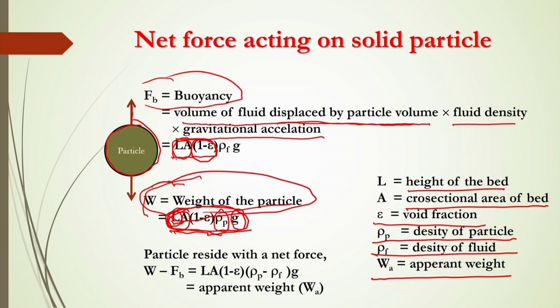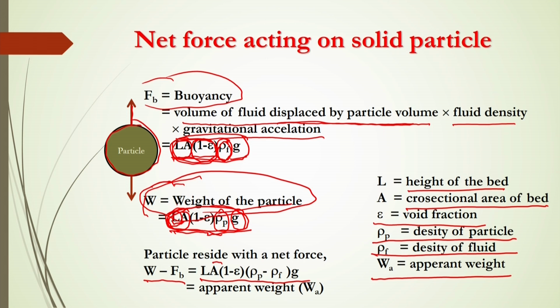Now, this solid volume will displace the water volume or fluid volume, or gas volume if it is in a gaseous medium, times g, and this will give you the buoyancy force. And what should be the apparent weight? Apparent weight is nothing but W minus F_B, where W is the weight and F_B is the buoyancy force.